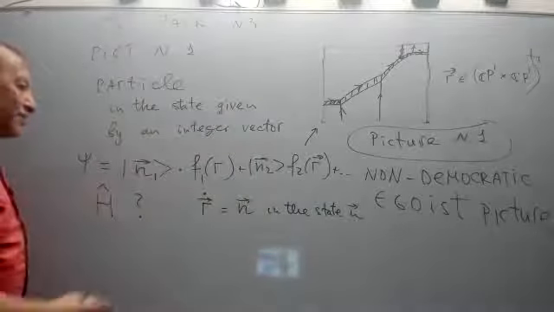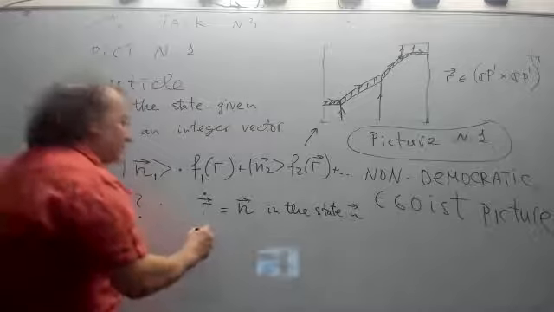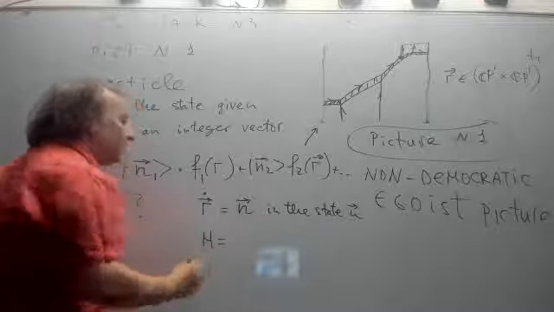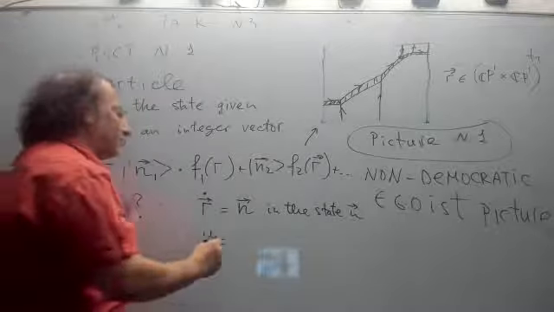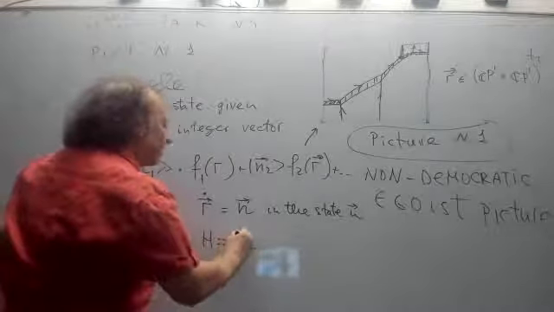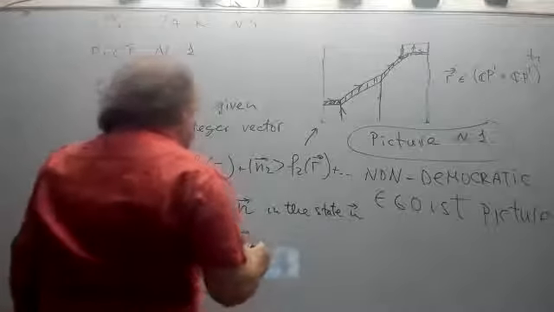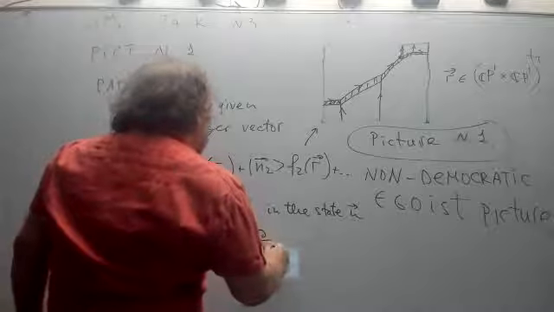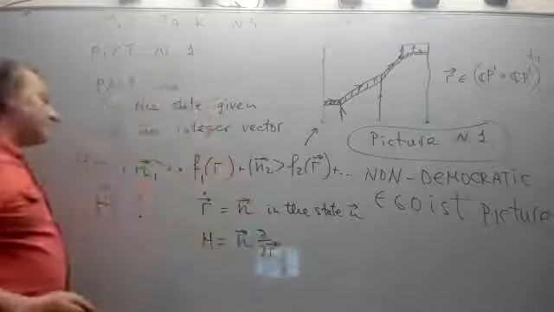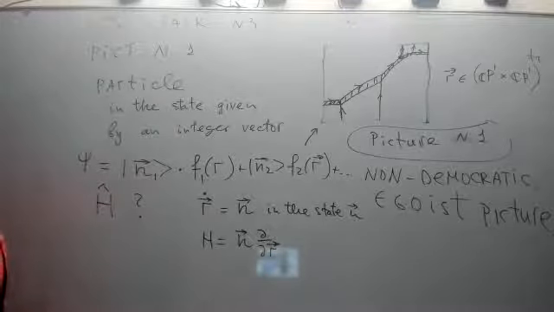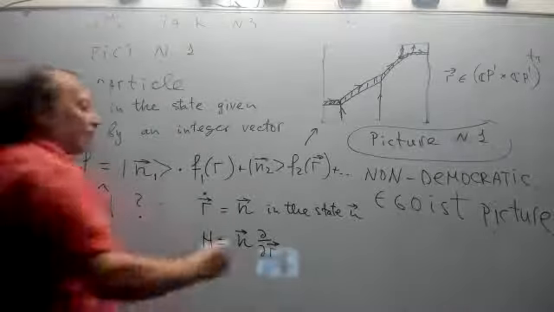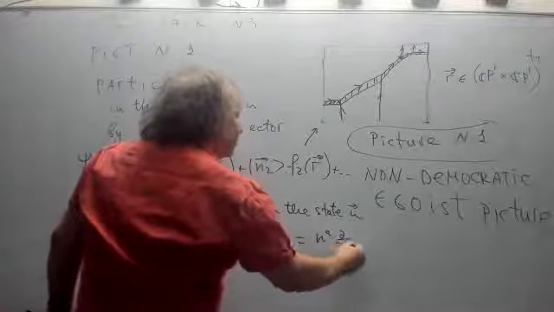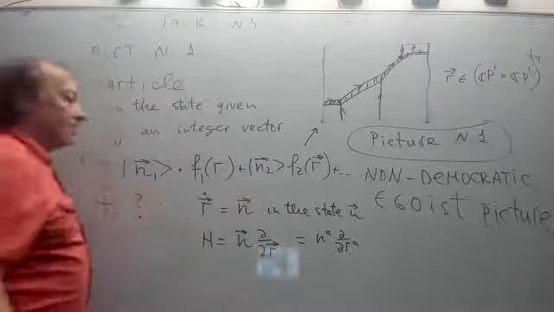So what does it mean? It means that the Hamiltonian equals the Lie derivative n times d over dr. Okay? Or I can write it down as n^a d over dr^a, Lie derivative.